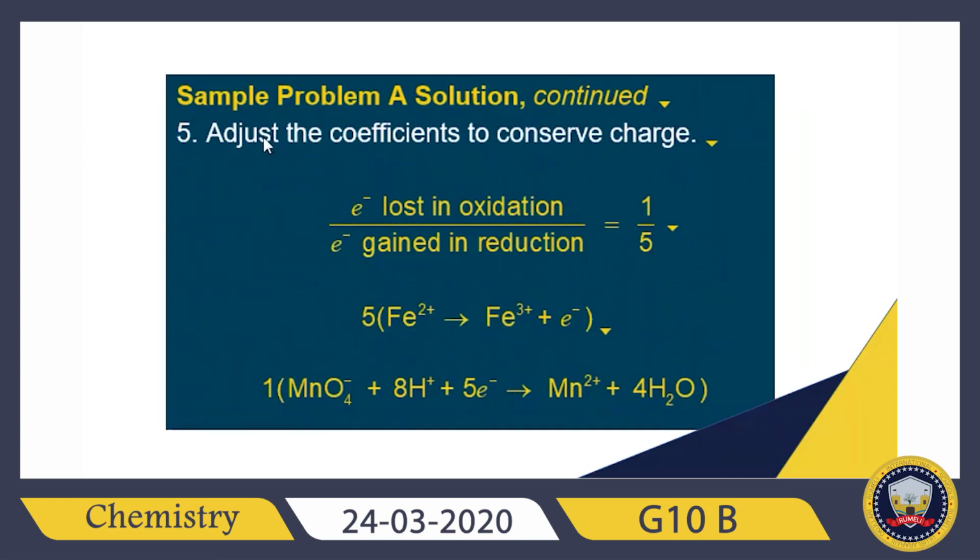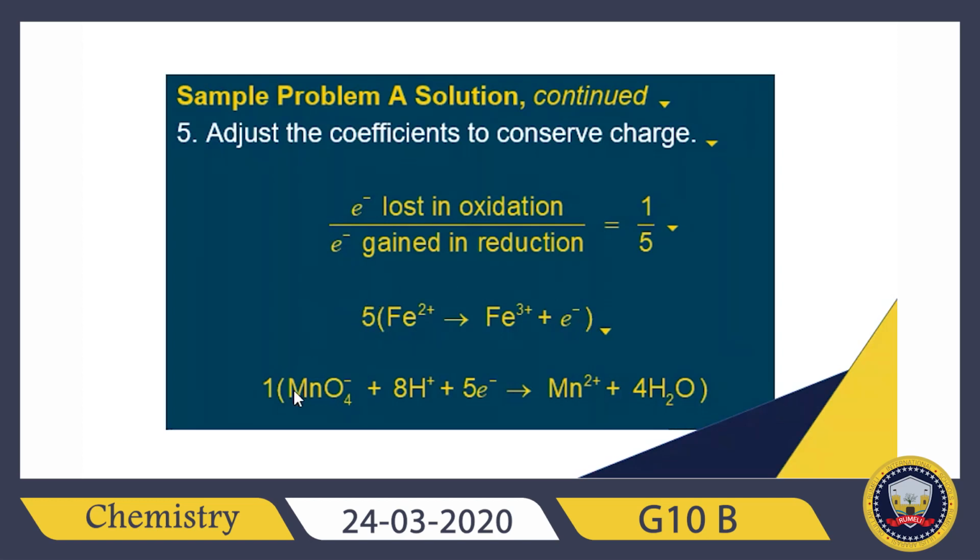So step number 5, we need to adjust the coefficients to conserve charge. How, guys? As we said, we will multiply both of the reactions with an appropriate coefficient. So in the first reaction, which is the oxidation reaction, we lost 1 electron, so here we will multiply it by 5.